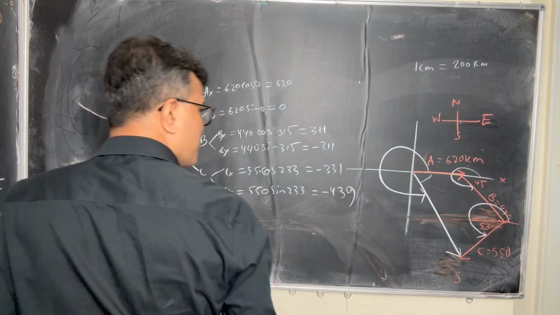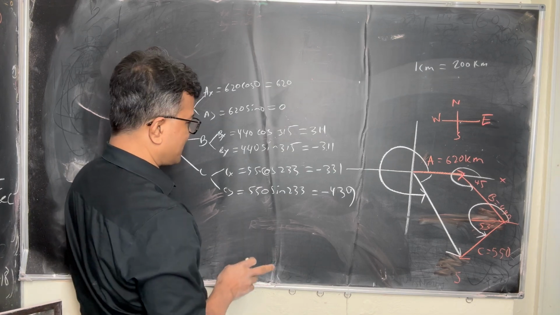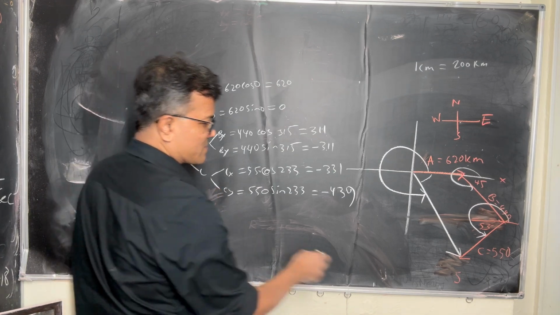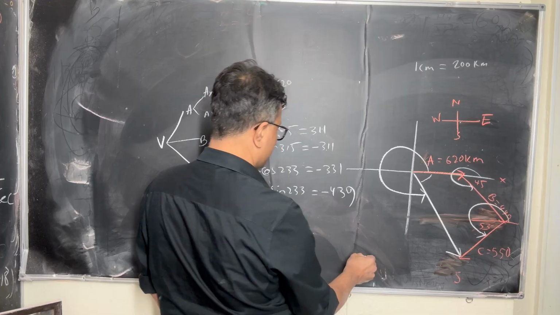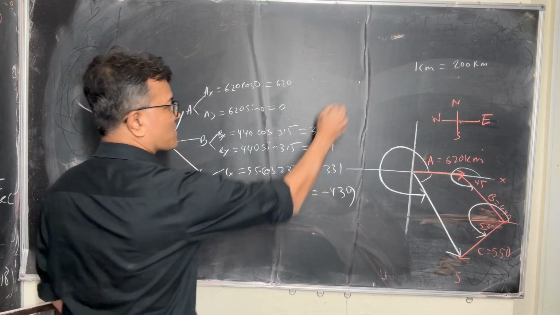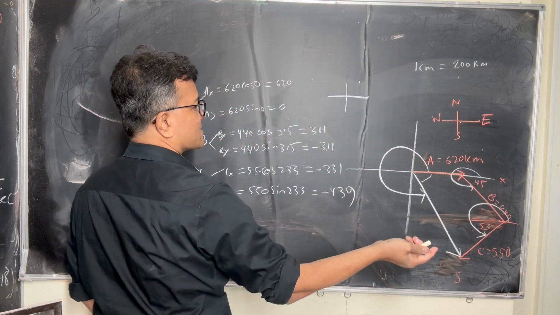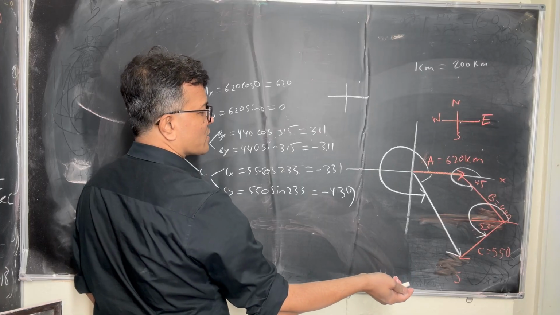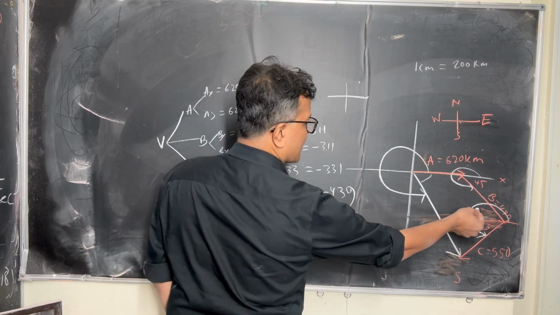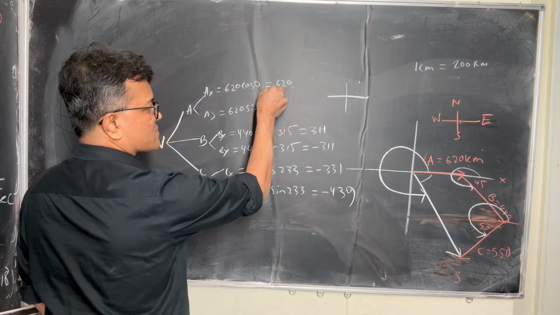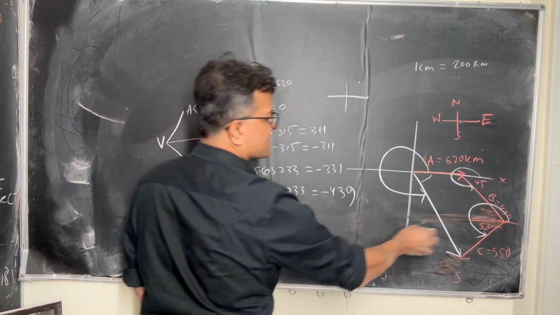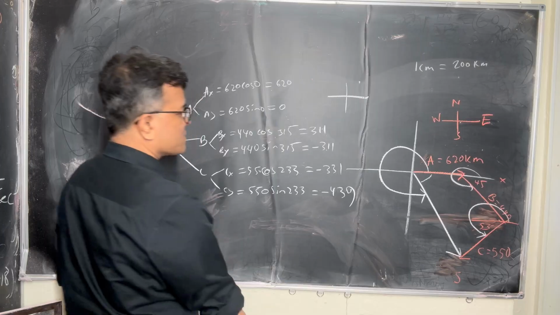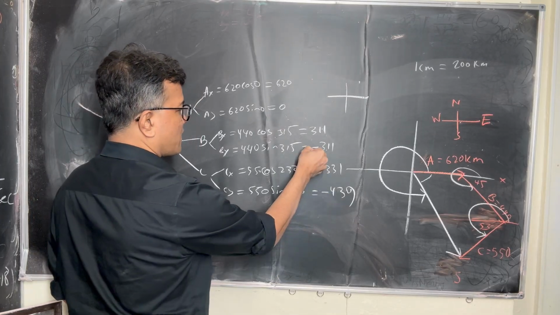But understand that this C looks right, because C is going to end up in the third quadrant. In the third quadrant, both of them are negative. Look, you can check it. A is in the first quadrant, so everything is positive. B is in the fourth quadrant, so Y is negative.